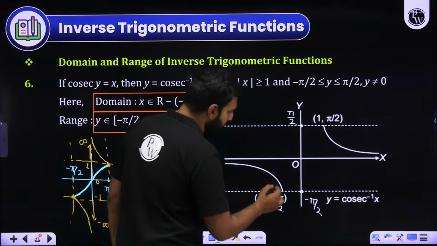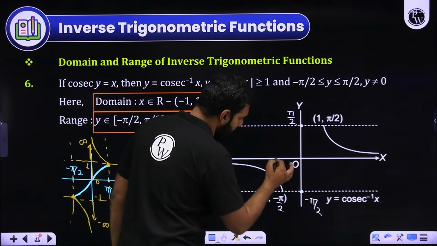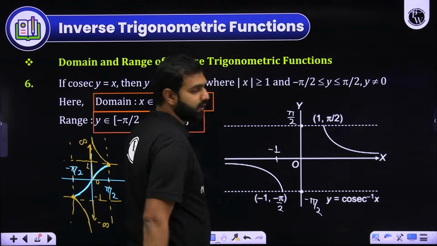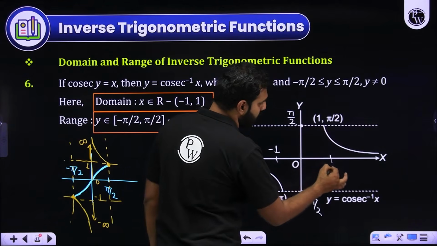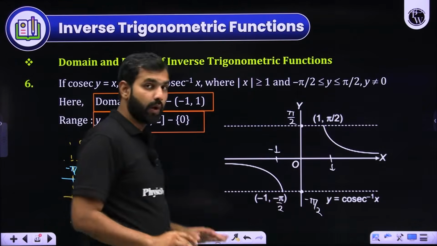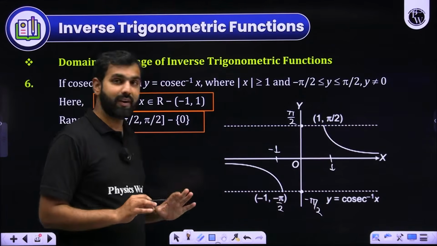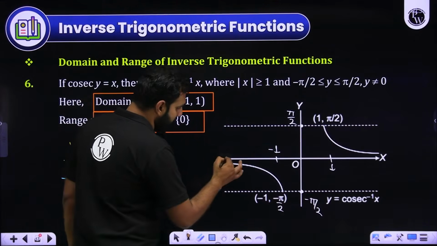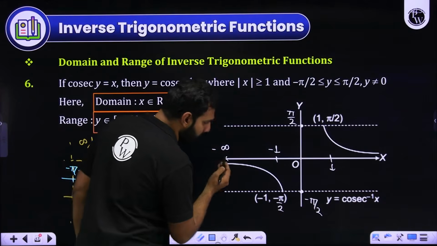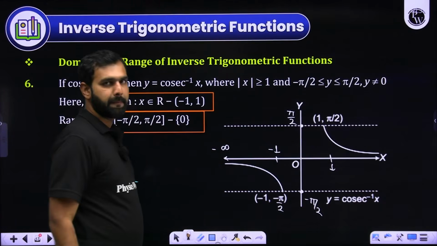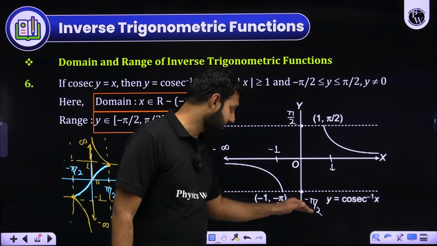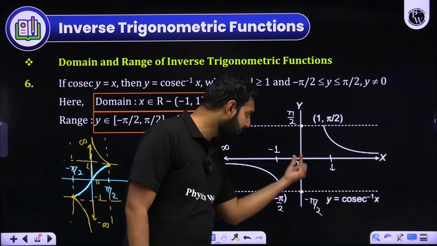Now, similarly, a few more things. I hope you remember that this point here will correspond to minus 1, 0, and this point over here will correspond to 1, 0. So if I'm starting from minus infinity, from minus infinity to minus 1, I'll be seeing the graph of cosec inverse x from minus pi by 2 to 0.